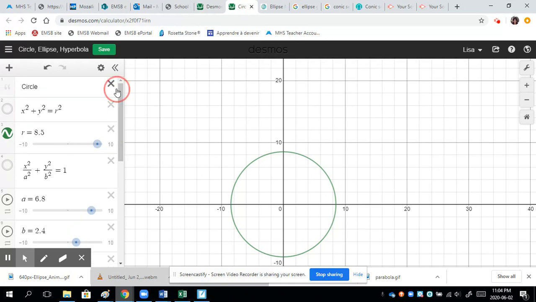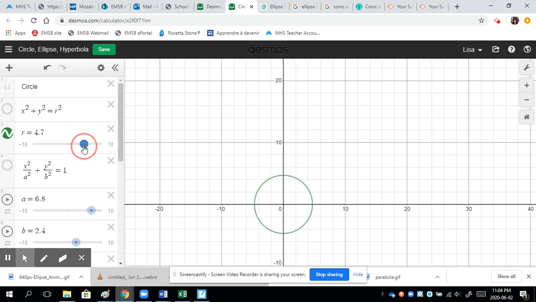Okay, so I have my circle here. Just want to show you that, see, the smaller the radius, obviously, the smaller the circle, and that's what I'm doing here. So I'm changing, this is a circle with a radius of 1.4, let's say. So that's what's happening here.